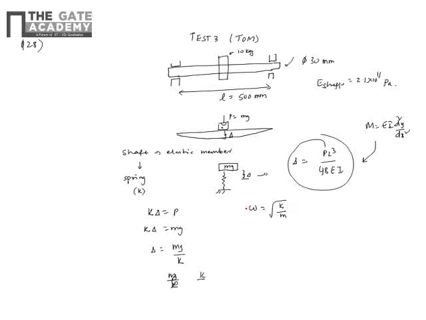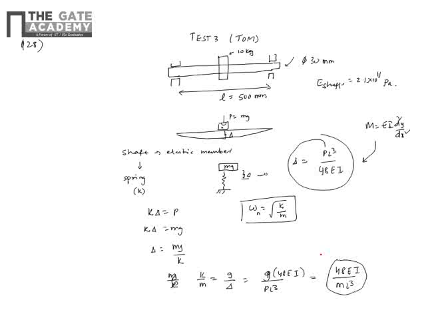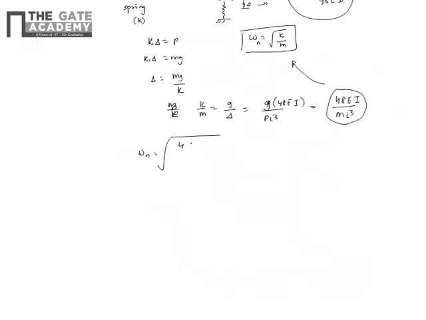K by m is P by delta, and delta is PL cube by 48 EI. Now P I can write as mg, so g will get cancelled, and K by m is 48 EI by mL cube. So my natural frequency is root of 48 EI by mL cube.